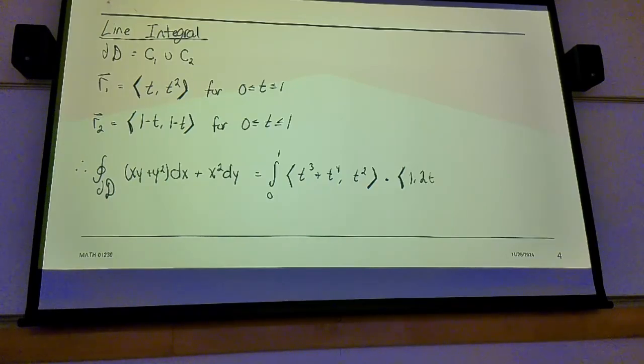Now do the same thing except now for r2. Is it just 2t, squared t squared?